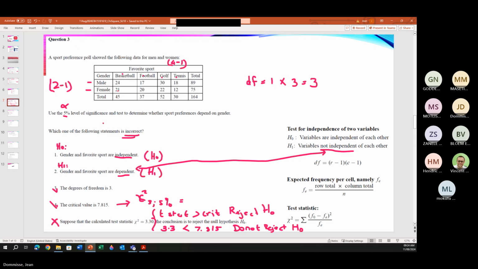Here we've asked, is there a difference in the preference on gender for different sports codes?